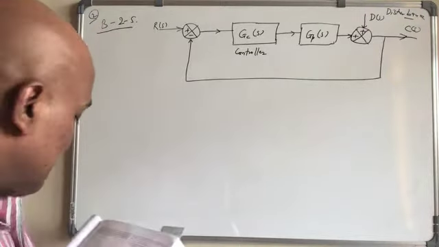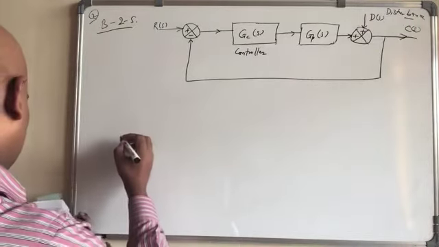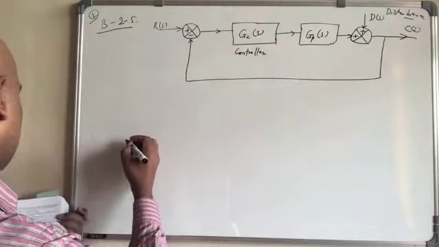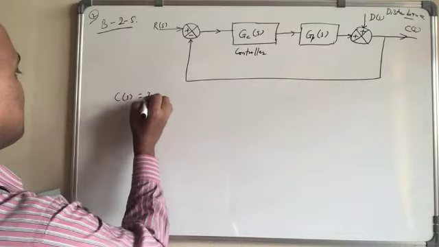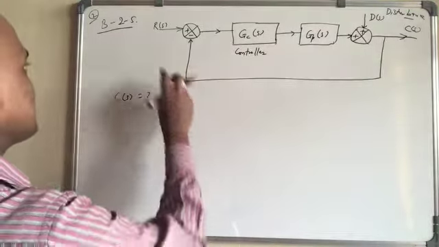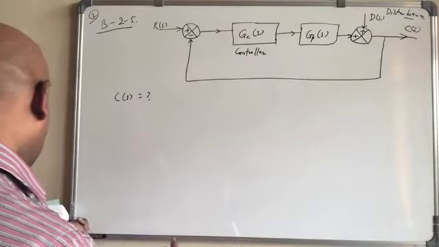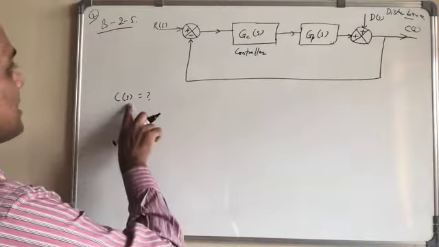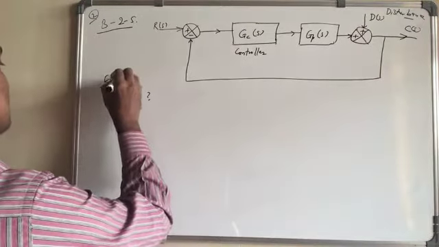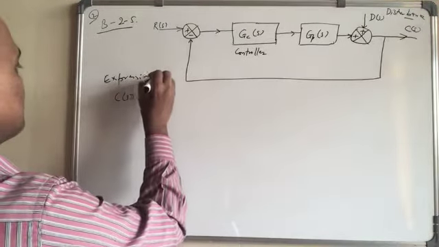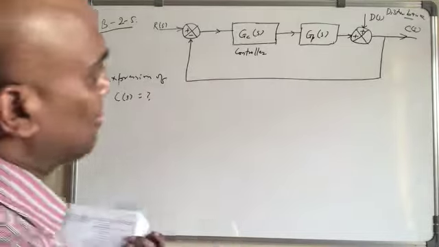What you have to do is find out CS, the expression of CS, when both RS and DS are present.